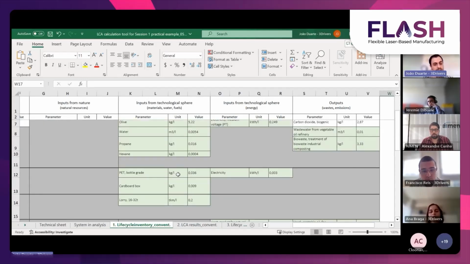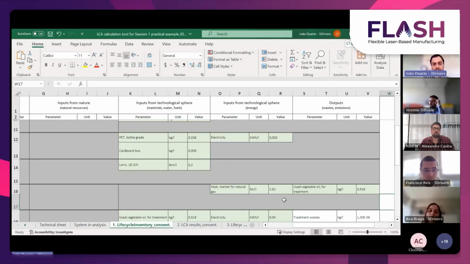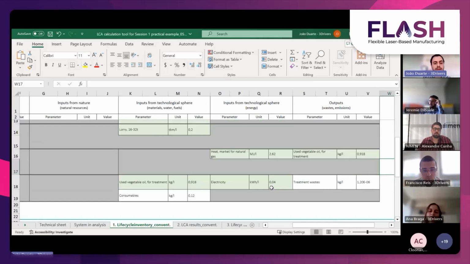And the same is true for the following life cycle stages: packaging, distribution, the use, where we have heat from the natural gas, and the end of life.